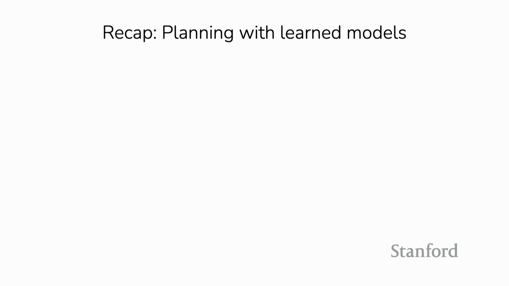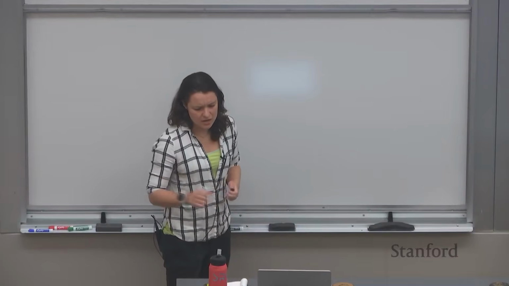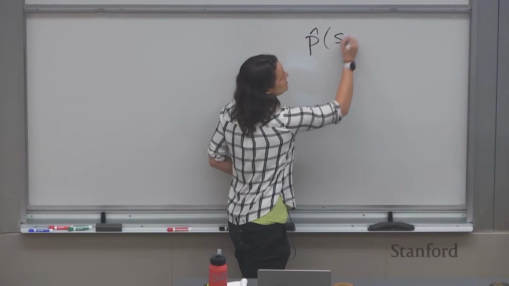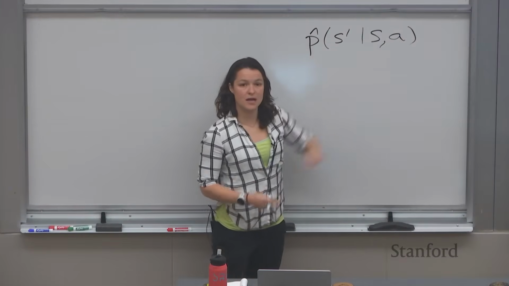Last time we talked about a scenario where we learn some model. That model could be a deterministic model. It could also be modeling a distribution over next states. In particular, you could think about it as trying to approximate the distribution over the next state, given the current state and action.